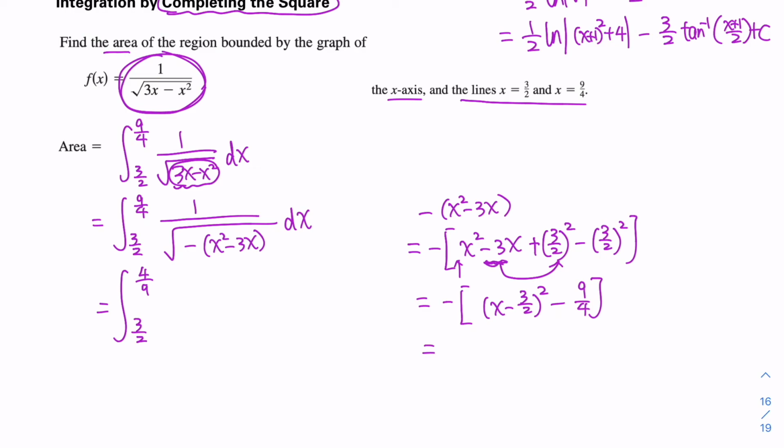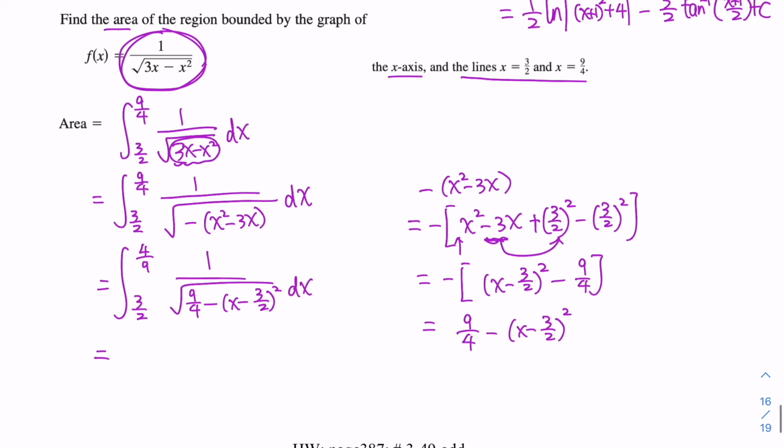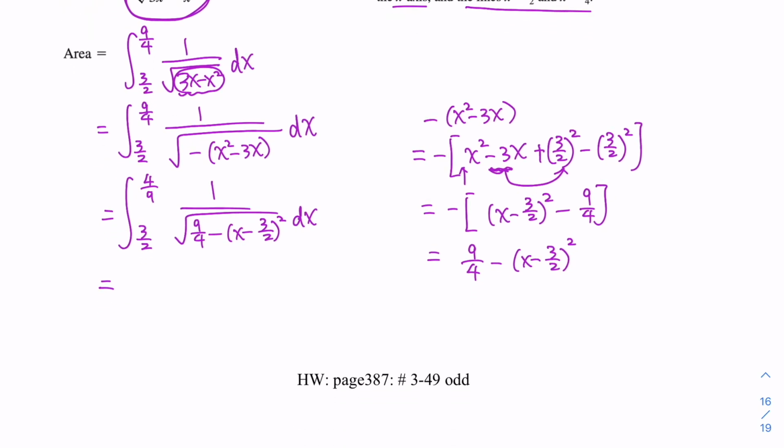So this will be 9 over 4 minus x minus 3 over 2 squared. It's the integral of 1 over square root of 9 over 4 minus x minus 3 over 2 squared dx. So now you might need to use u substitution. So u equals x minus 3 over 2.